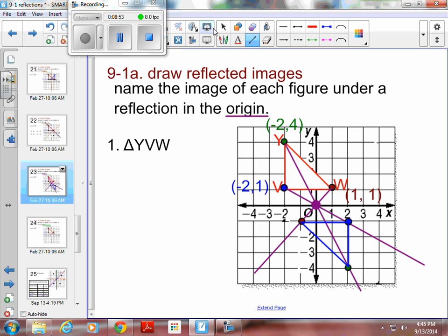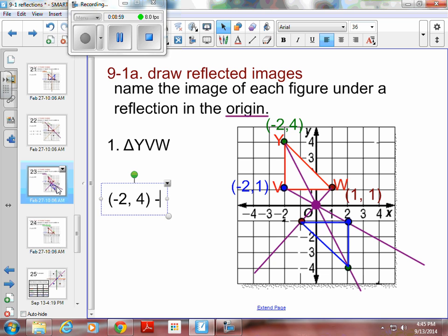So what had happened to my points? Let's look at that. The point -2, 4, this green one, became 2, -4.